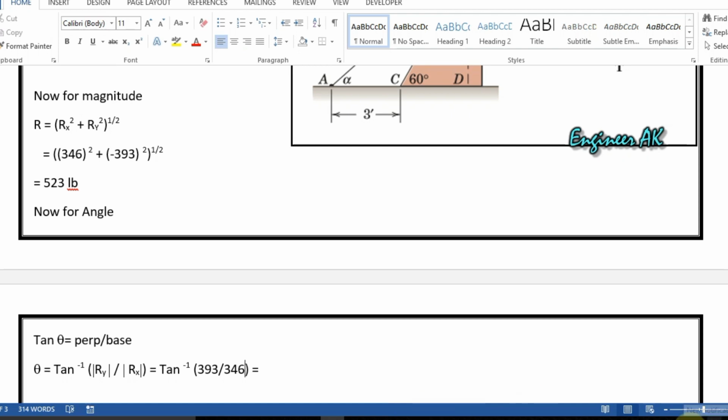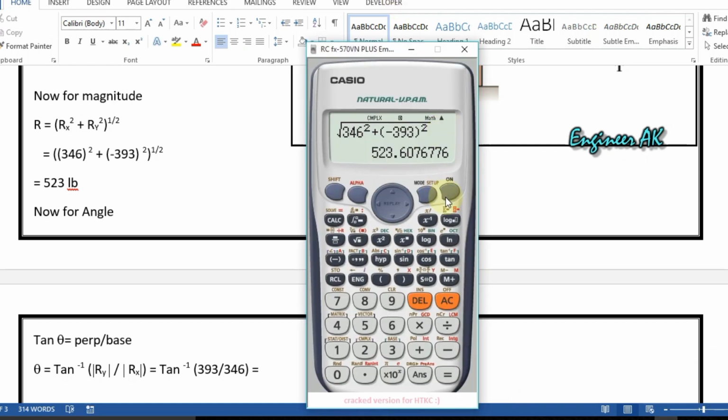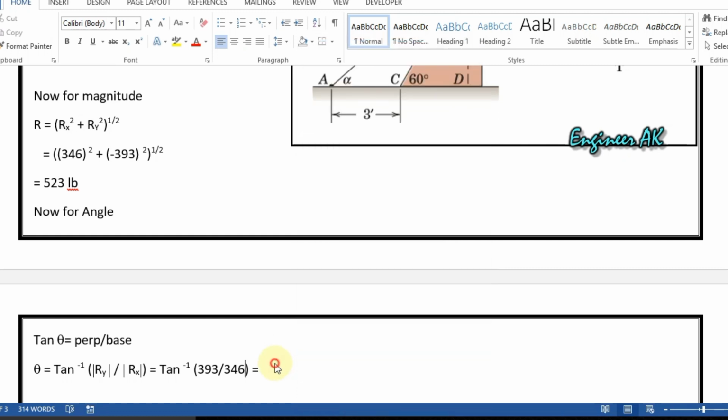So let's plug these values into the calculator, and if I move this tan here, it becomes tan inverse of 393 divided by 346. Here you can see it is giving, if you round it off, 49 degrees.